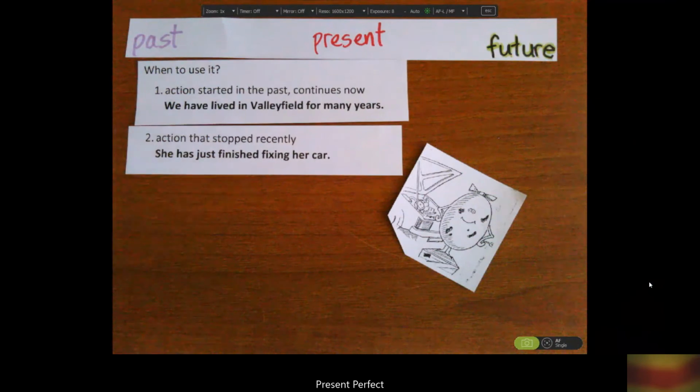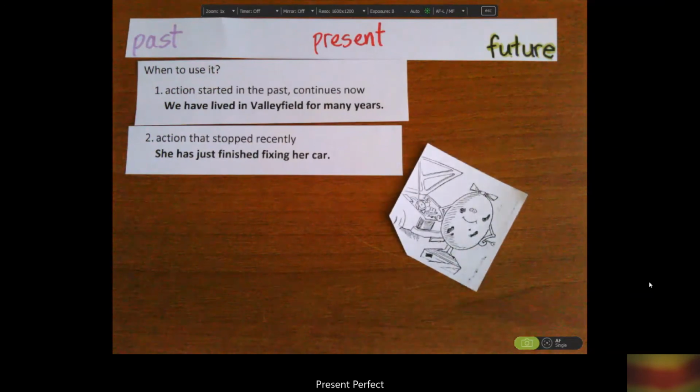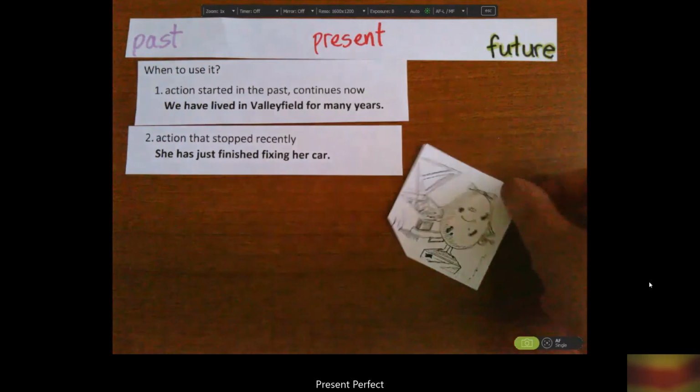They use ed. Now, there is evidence that the action started in the past and has recently stopped. For example, she's standing beside the car. She's a little bit dirty. She looks really happy because she has finished. So all of that points to now, even though the action was already started in the past and finished.